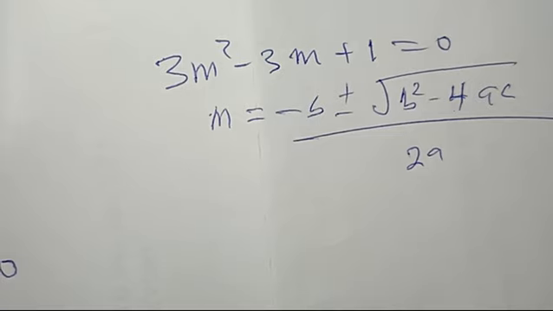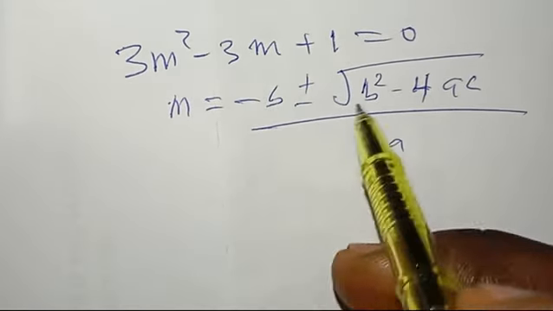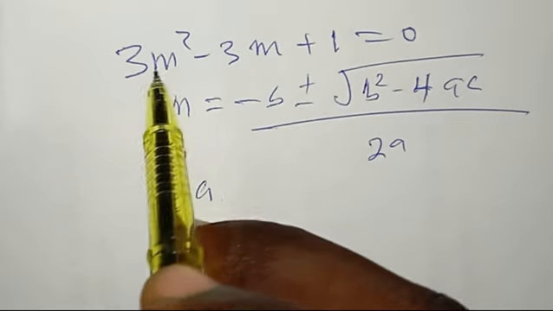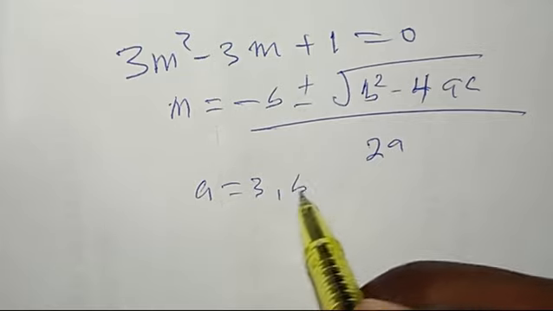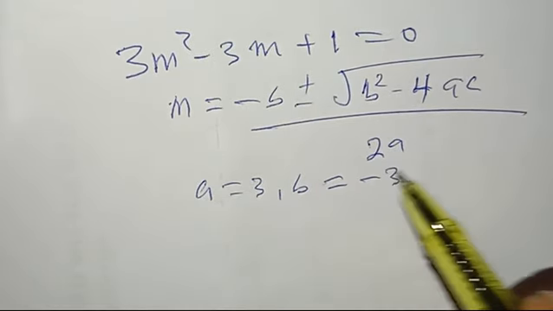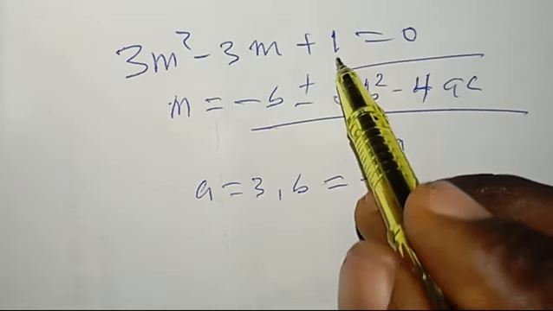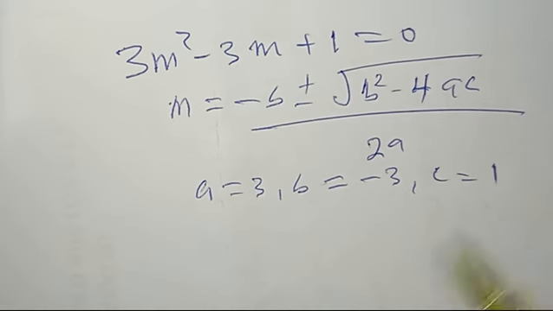So we're just going to find out the parameters. In this case, our a is the coefficient of m squared, which is equal to 3, and our b is the coefficient of m, which is minus 3, and then our c is equal to the constant here, which is equal to 1.